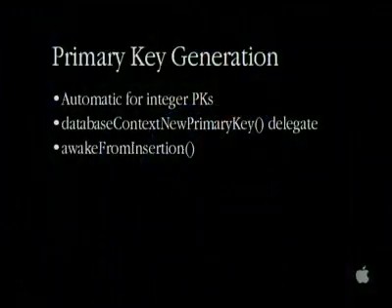When we're talking about generating primary keys, the adapter will automatically generate primary keys for you if they're simple integers. If there's any other kind of primary key, then you need to fill that in yourself. And one way you can do that is with the delegate method, database context new primary key. You can implement that whenever EOF is inserting an object in the database.